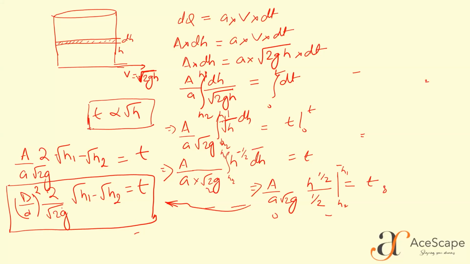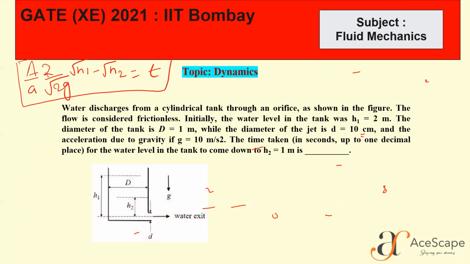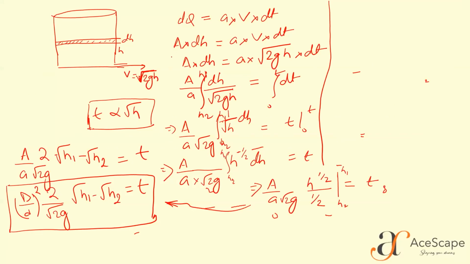So when we put the value of the given data in this question, the diameter is 1 meter and it is 10 centimeters. So capital D is 100 centimeter, small d is 10 centimeter.